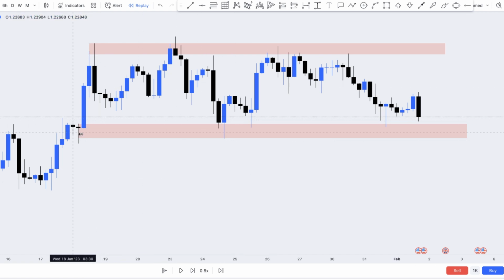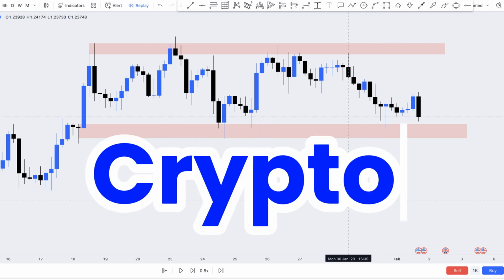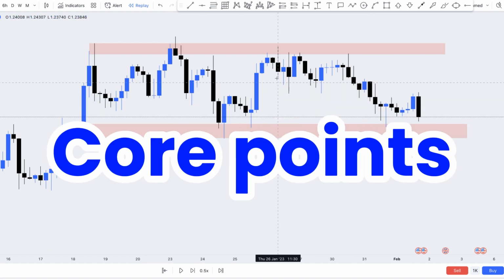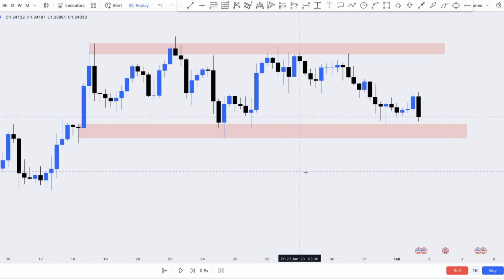Support and resistance are the major key levels on any chart, on any asset you are trading, be it stocks, crypto, and so on. So once you can master this, it can give you a high win rate.